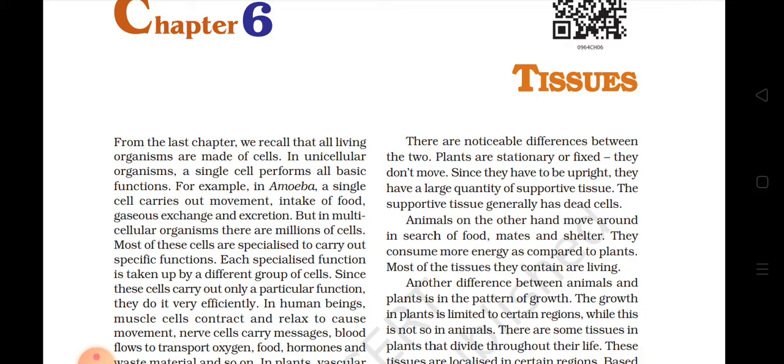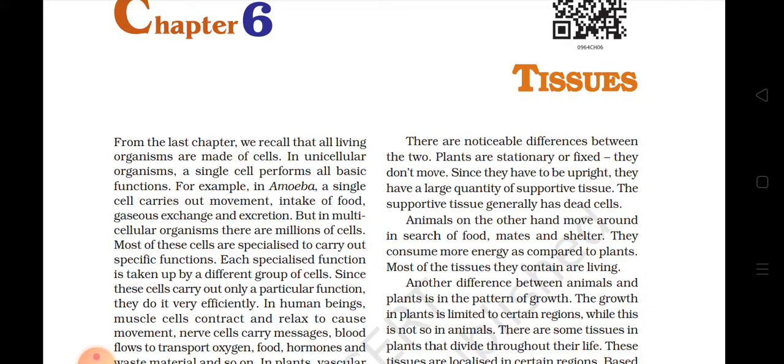Okay. Now as we know that we are studying about the living organisms. So living organisms are of two types. One is the plants, another one is the animals. Okay. Now we have to see from which tissue all these two different organisms like plants and animals are made up of. Okay.